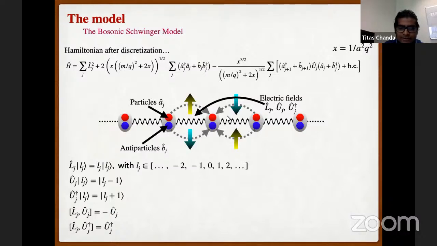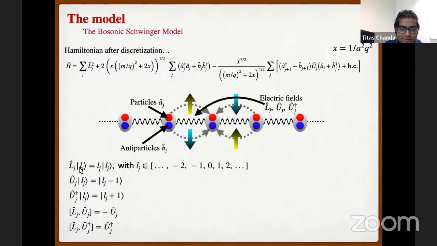So we have these lattice sites, red and blue dots. Red dots represent particles, which are represented by the operator A, and blue dots are antiparticles, given by B. And in between two lattice sites, we have this wiggly line, which represents the electric field. The electric field is measured by the operator L, which is the rescaled electric field.